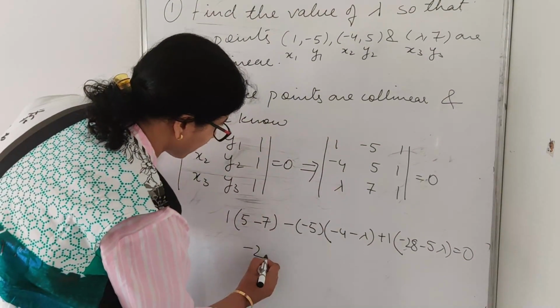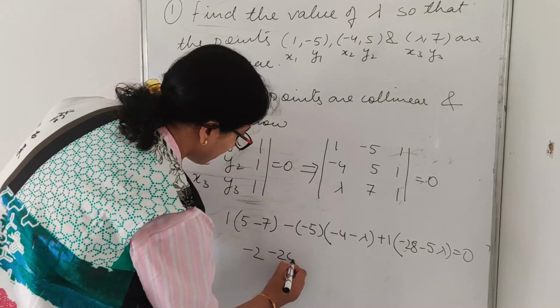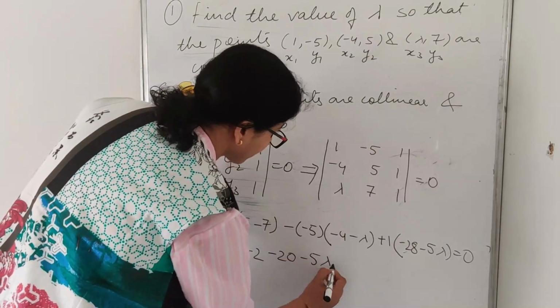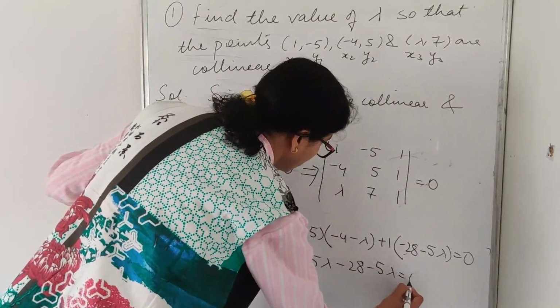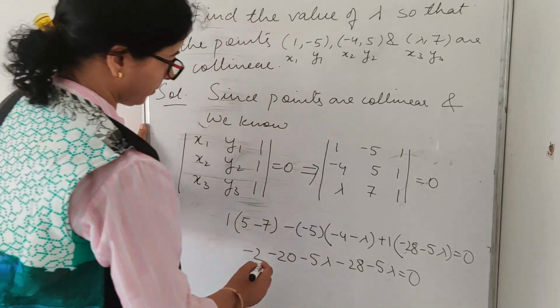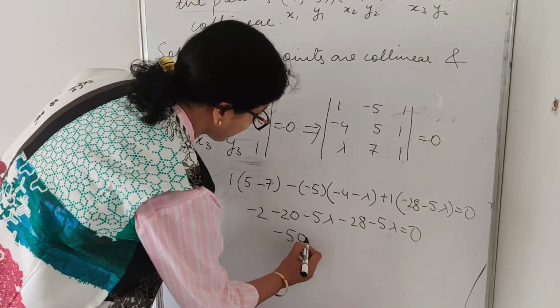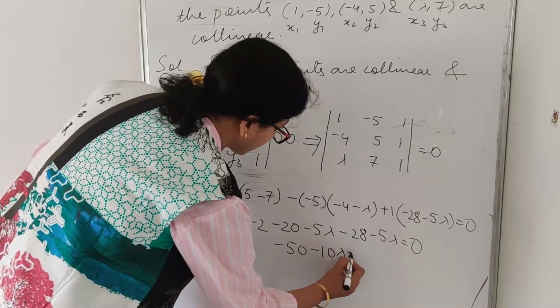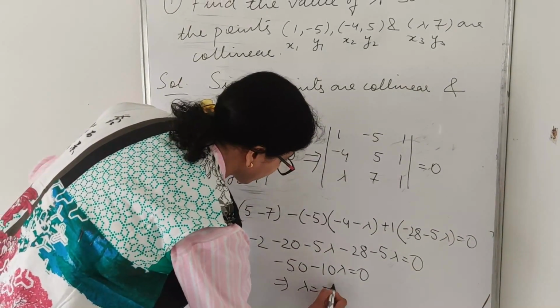So this will become -2, plus 5 multiplied by this, so -20 minus 5 lambda minus 28 minus 5 lambda equals 0. Basically, I am getting -50 minus 10 lambda equals 0, which implies lambda is equal to -5.